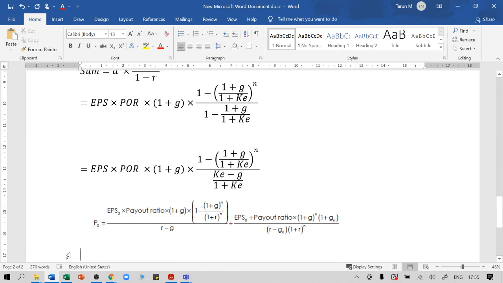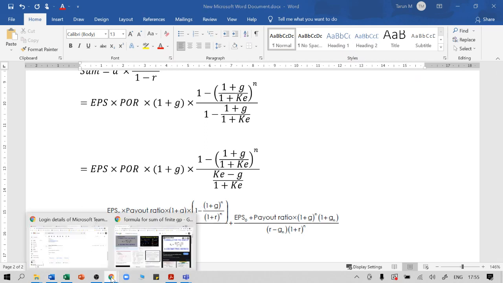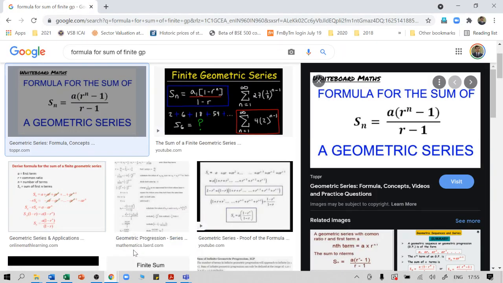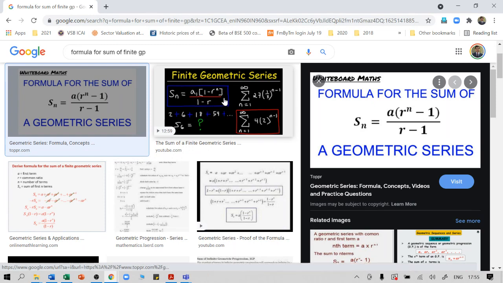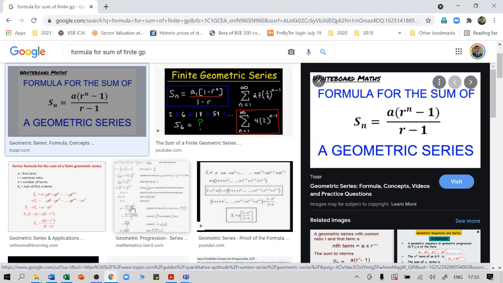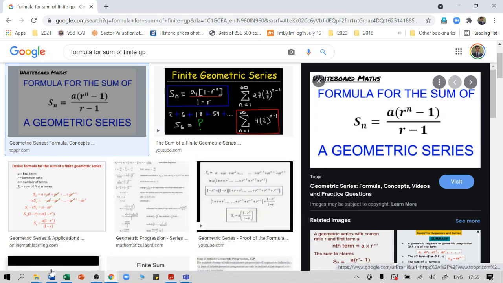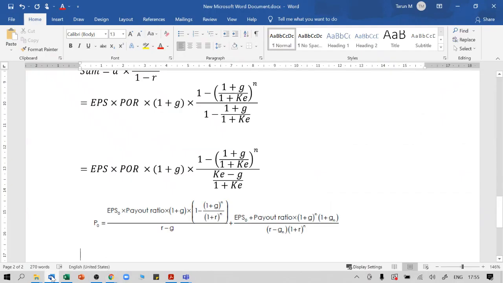Look here, there are two formulas. One is 1 minus R to the power n upon 1 minus R, and the other one is R to the power n minus 1 divided by R minus 1, depending upon whether the common ratio is more than 1 or less than 1.